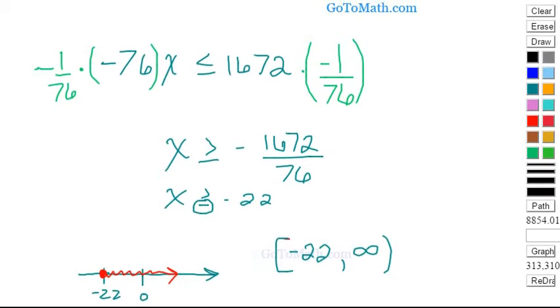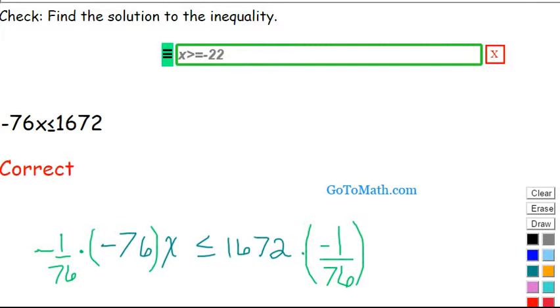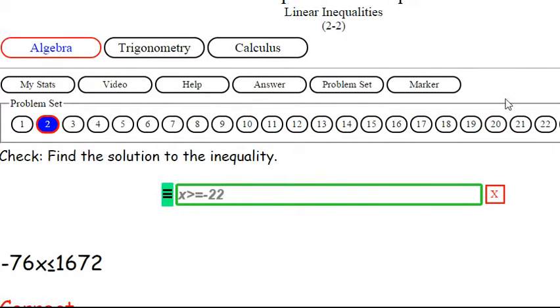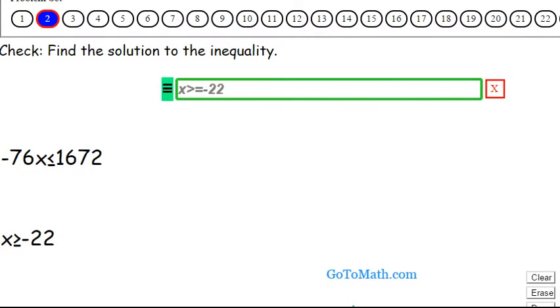So x is greater than or equal to negative 22. Check that out. Correct. It would be terrible if that said not correct, because then I'd have to redo this video. Alright, enough said about that.